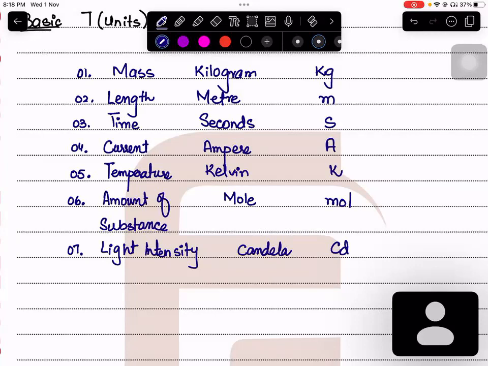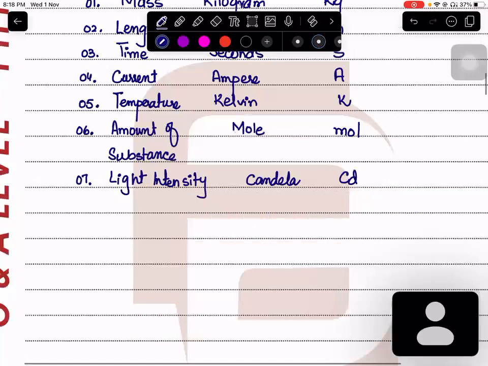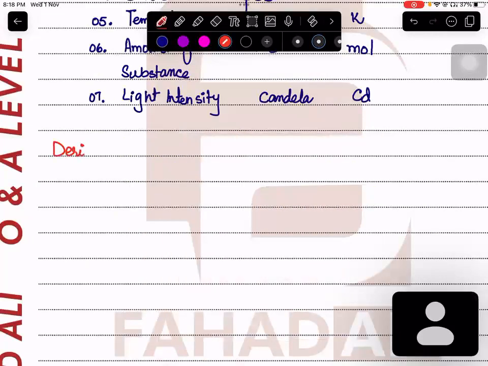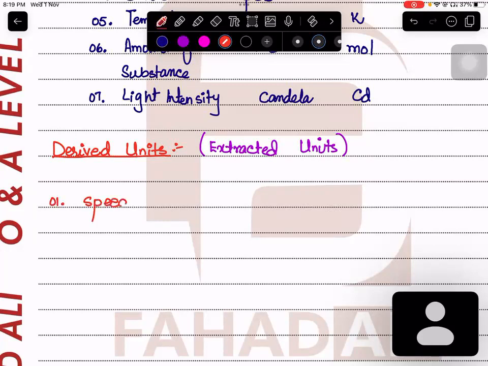Okay. Now, if we talk about derived units, we can say they are extracted units or manipulated units or calculated ones, whatever you want to call them. There are multiple quantities in which two or more basic units are involved.